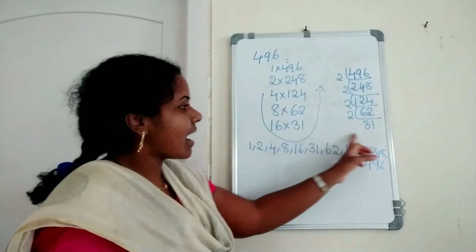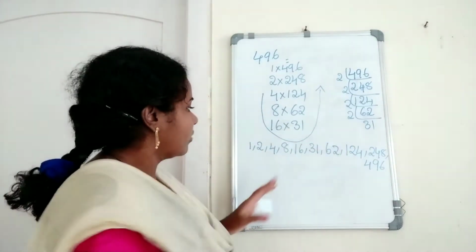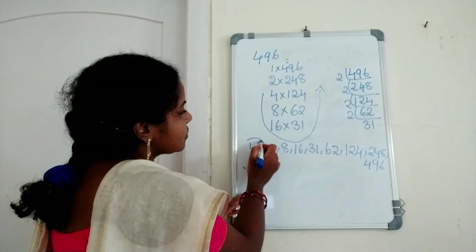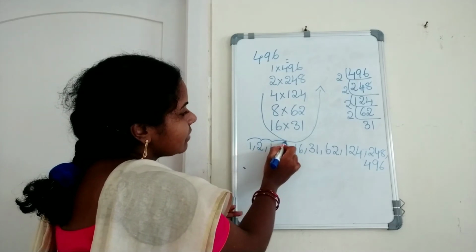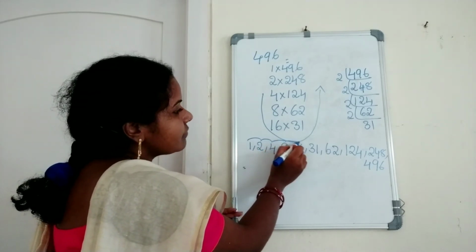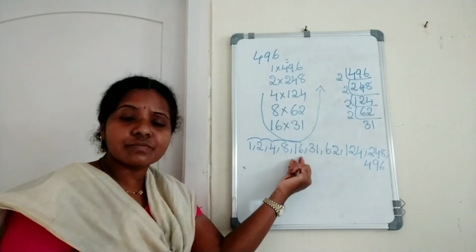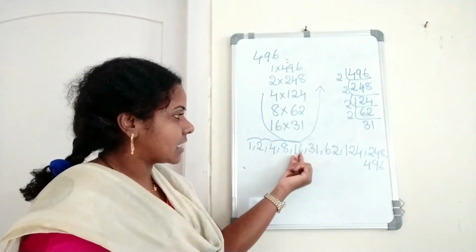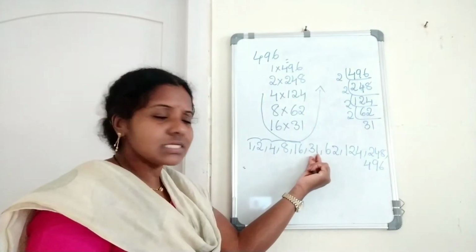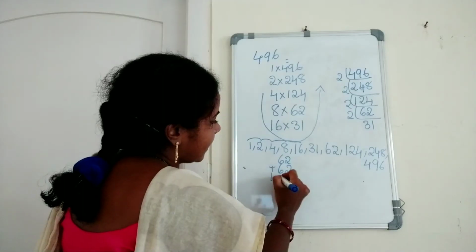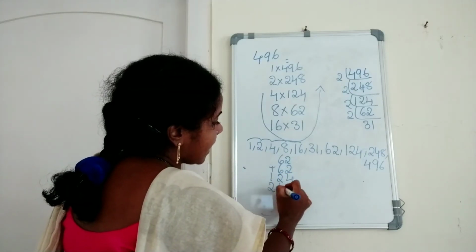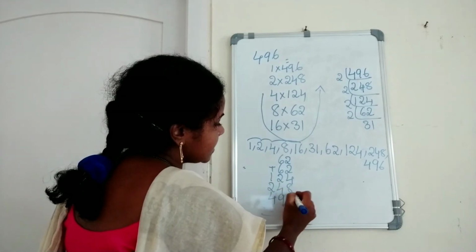Just I will add all these factors. 1 plus 2 is 3. 3 plus 4 is 7. 7 plus 8 is 15. 15 plus 16 is 31. 31 plus 31 is 62. 62 plus 62 is 124, then 248 and 496.